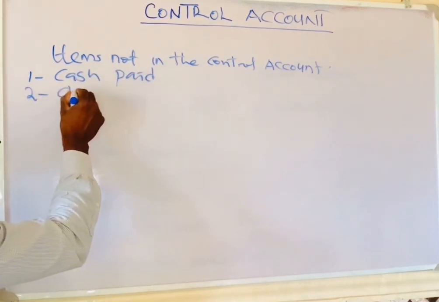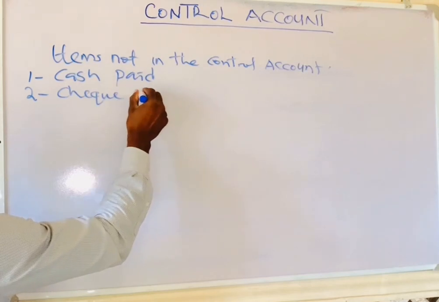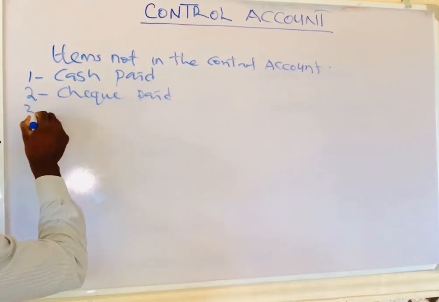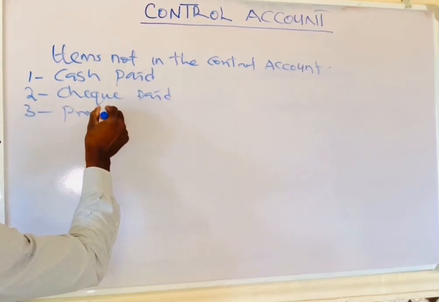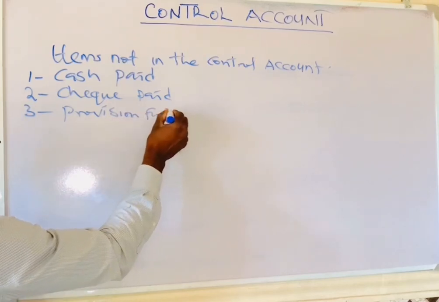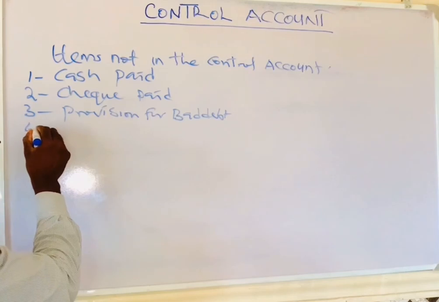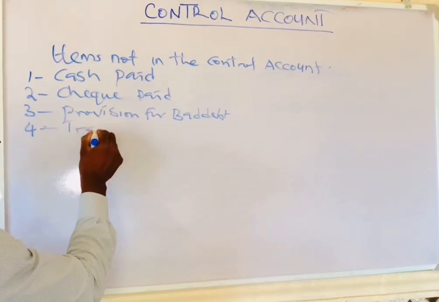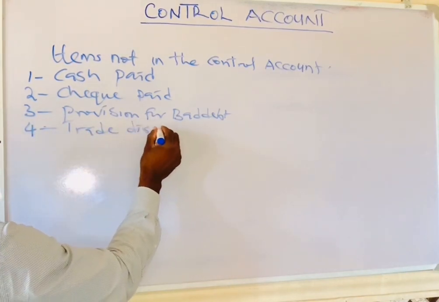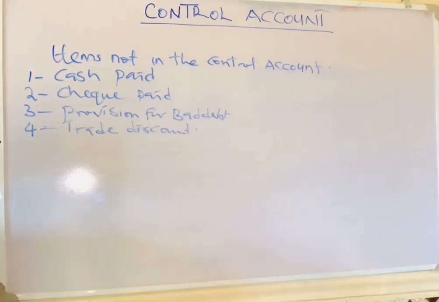Two, check paid. Three, provision for bad debts. Four, trade discount. All these items, which are fully paid or are in the form of estimation, will not be in our control account.